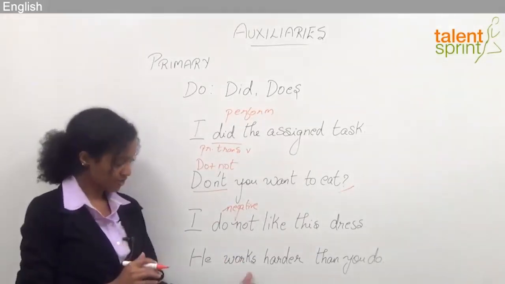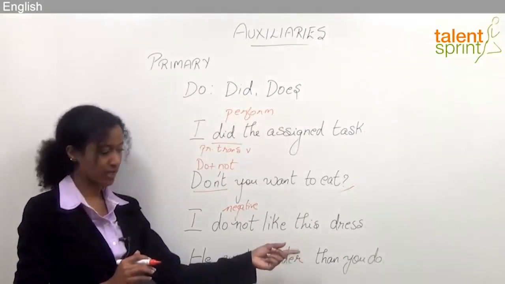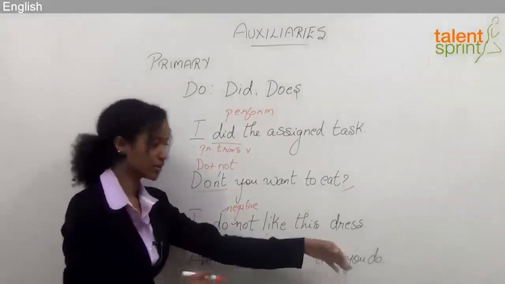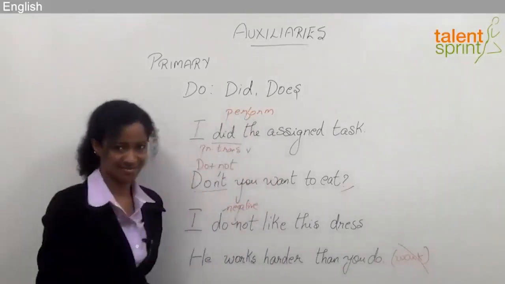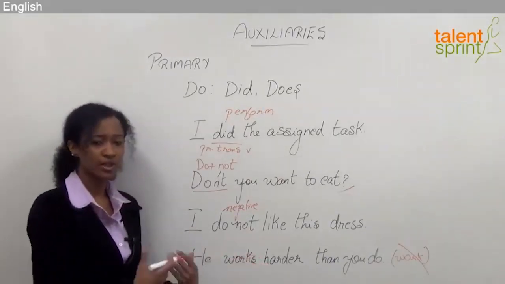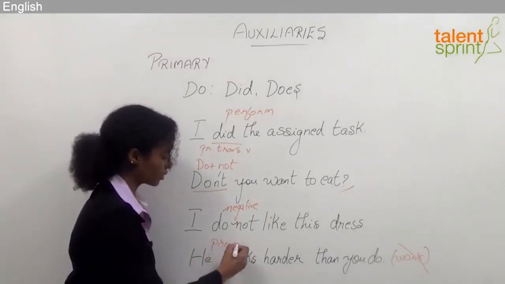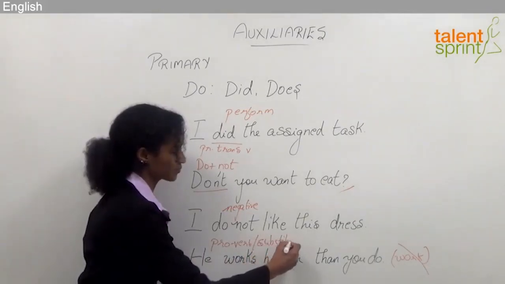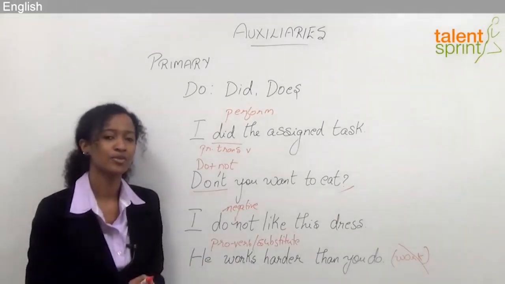So here I have works as the main verb, and then I have the auxiliary or helping verb do. So I don't have to say he works harder than you do work. The repeated work is not required. So I will just say he works harder than you do. So it's understood that he works harder than how you work, right? So here it acts as a pro-verb or a substitute verb.